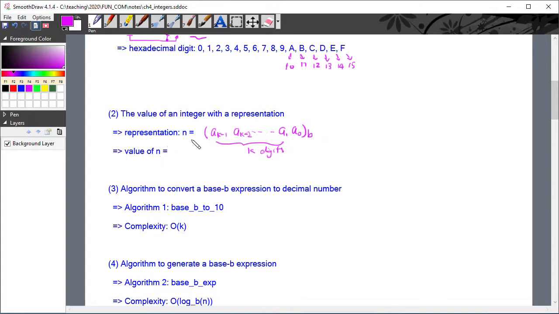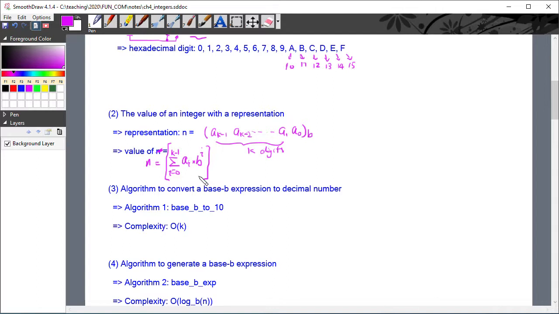The value of this n, from this base b expression, we can find: n equals the summation, i from 0 to k minus 1, of a_i times the base raised to the power of i. Let me put this n here. N equals this. This is the expression we could use to calculate the value.